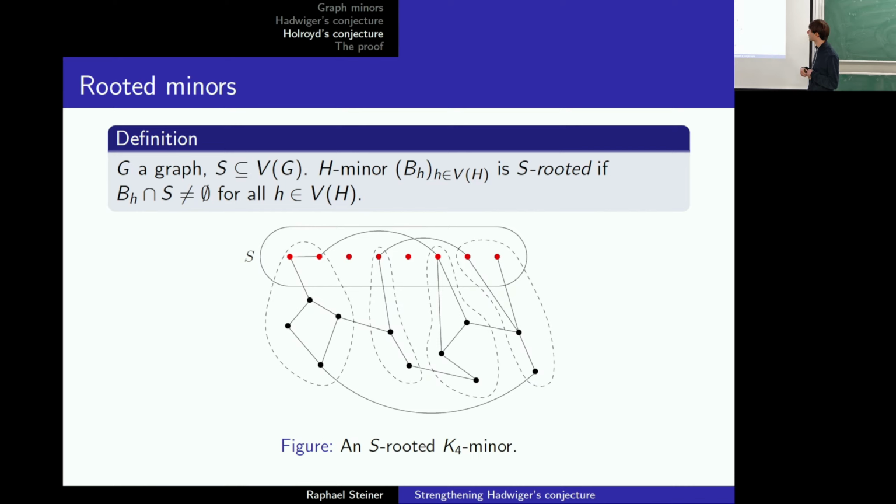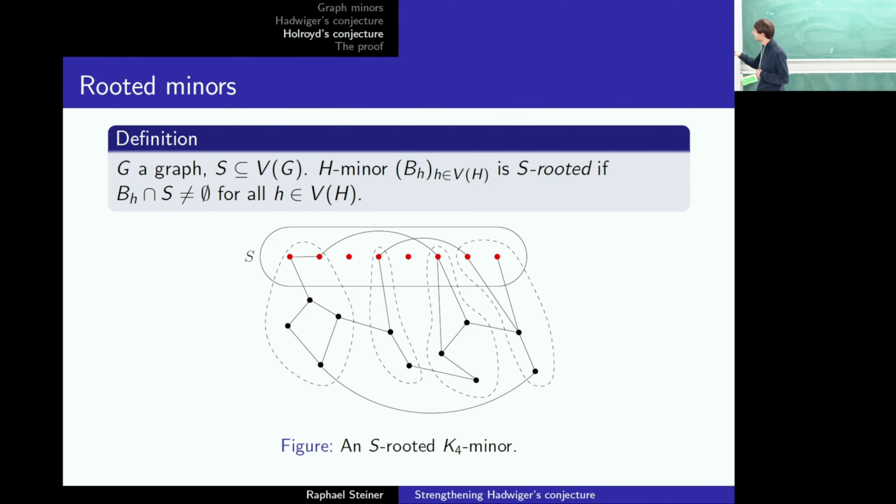There are many things which are useful about having a K_t minor, or in general an H minor, such that each branch of it intersects a given set of vertices. That's exactly the definition of an S-rooted minor. An H minor is called S-rooted if all its branches intersect a given set of marked vertices. In the following, I will use the convention that this marked set of vertices S, at which I want to be rooted, will usually be red vertices, and everything else will be black.